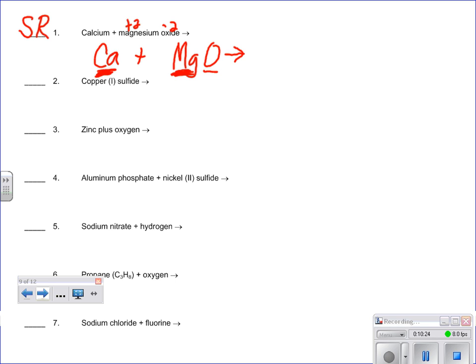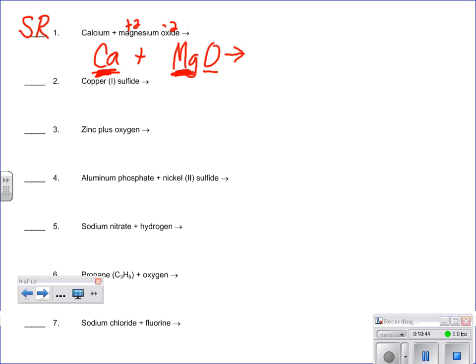It would not work the other way around. If it said magnesium plus calcium oxide, the answer would be, hey, there's no reaction that takes place. And I'll show you how to write those in a minute. But calcium plus magnesium oxide, that does take place because calcium is more active than magnesium.